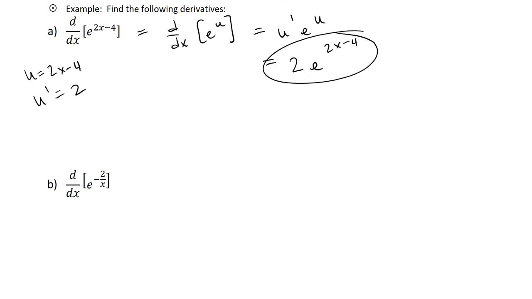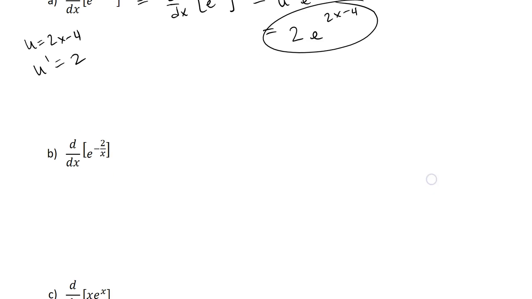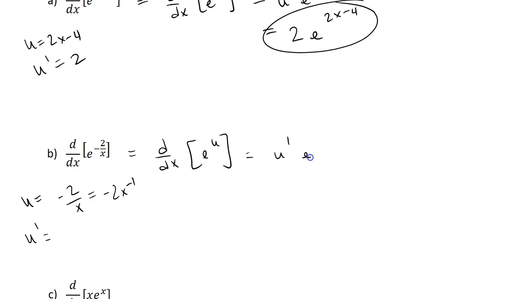So for this example, I have the derivative with respect to x of e to the negative 2 over x. So this is also going to be the derivative with respect to x of e to the u, where u is negative 2 over x, or negative 2x to the negative first power. We are going to need the u prime because that's u prime e to the u.